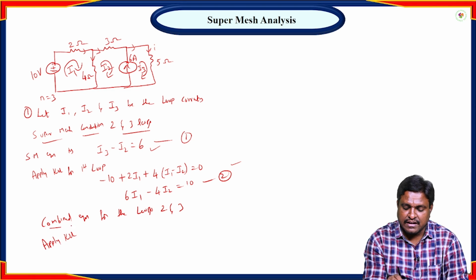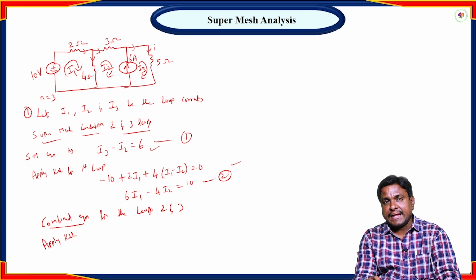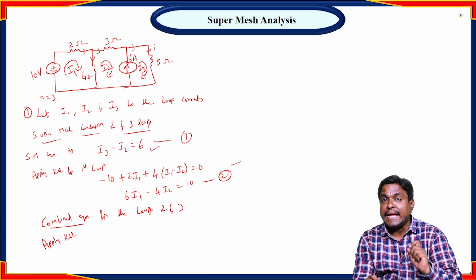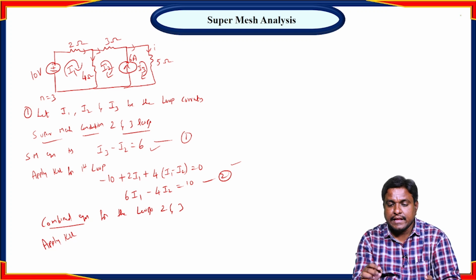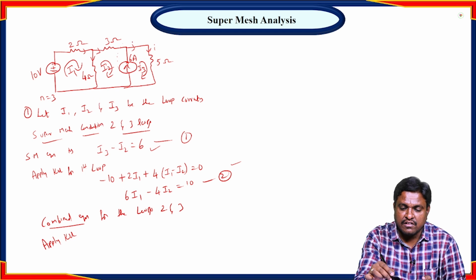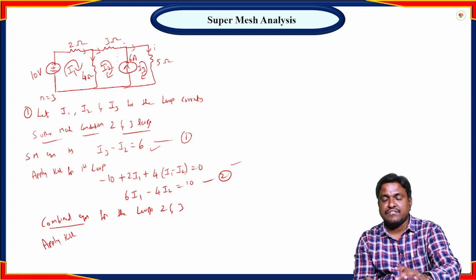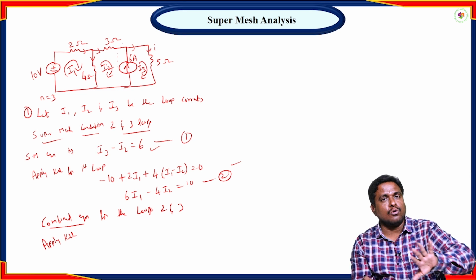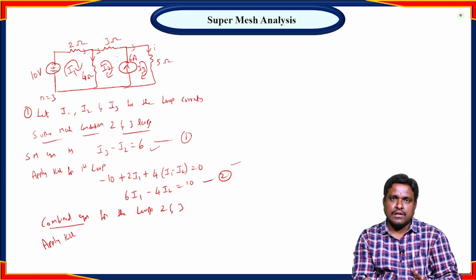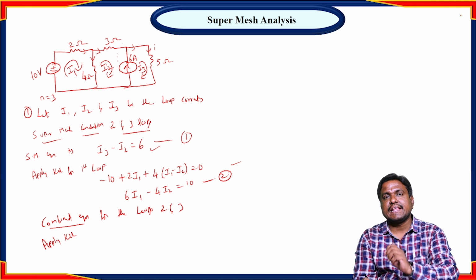As the name itself indicates, combined equation, we write loops 2 and 3 together such that we eliminate the branch having the current source. Why? Because this was already considered in the first equation. So we exclude the branch consisting of the current source, apply KVL and equate it to 0.